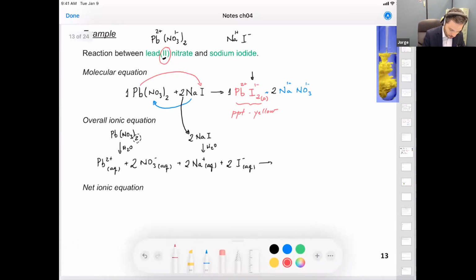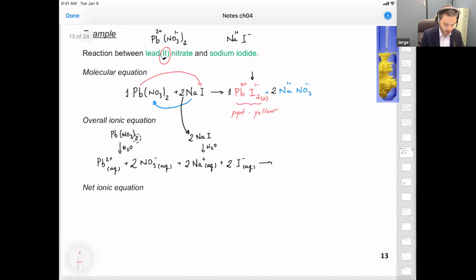Okay, so now we do basically the same thing we did before. The positive ion from one salt is going to attract the negative ion from the other salt. Lead 2+ will attract iodide, and we know that this will form an insoluble salt.